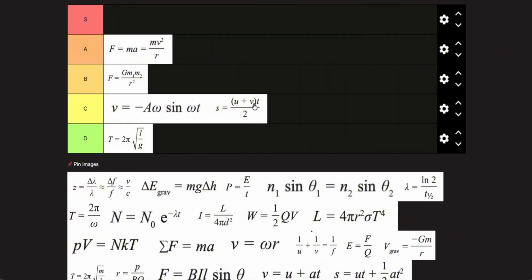And when I say fundamental, I mean equations that describe one of the four fundamental forces of the universe. The law of gravity is a fundamental equation. This equation over here is fundamental, but this one is not, because this one is derived from this one once you have the force. And the force in simple harmonic motion is kx.